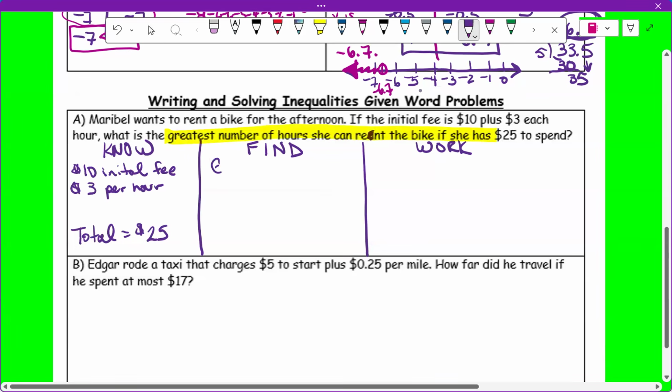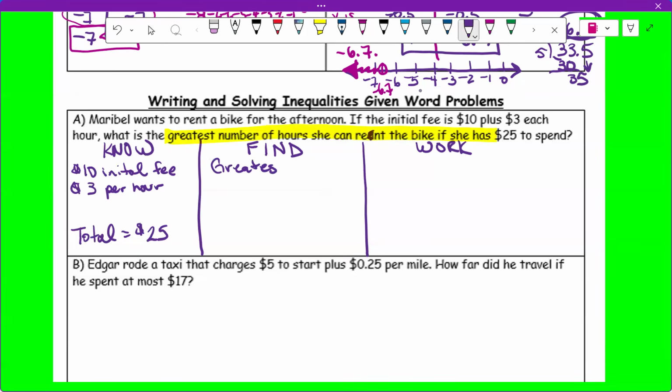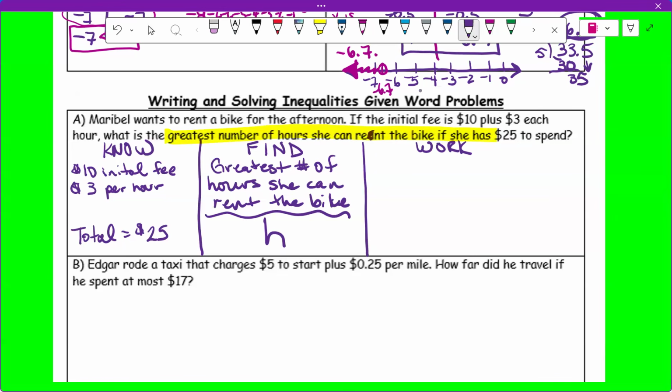So greatest number of hours she can rent the bike. And since we don't know, we'll name that our variable h. H equals greatest number of hours she can rent the bike.